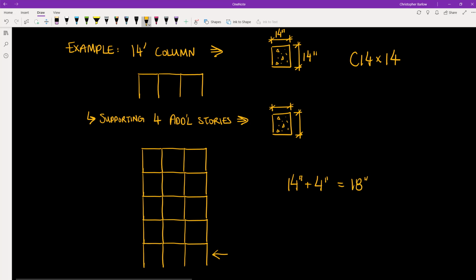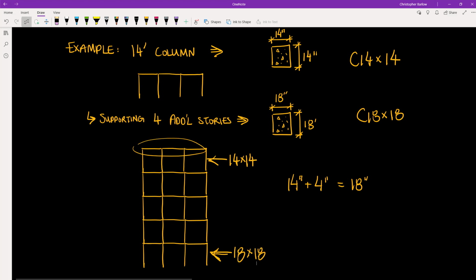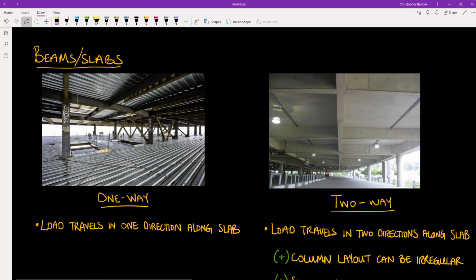And so we'll end up with an 18 by 18 column at the ground floor here. But note that the columns up here could be smaller, as they're only supporting this one level. And so that's basically it for selecting preliminary sizes for concrete columns. Pretty basic.